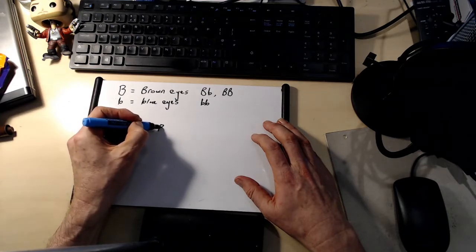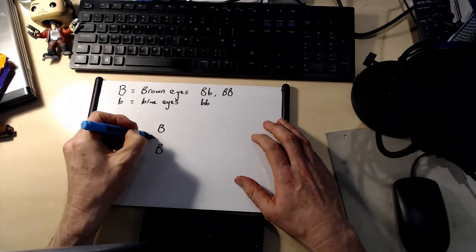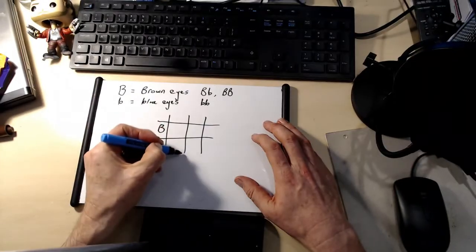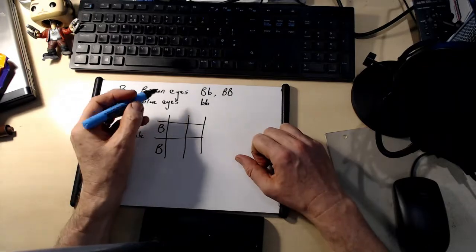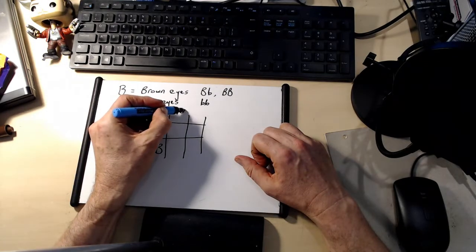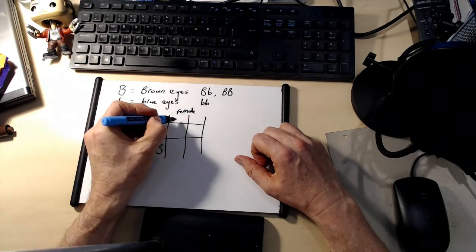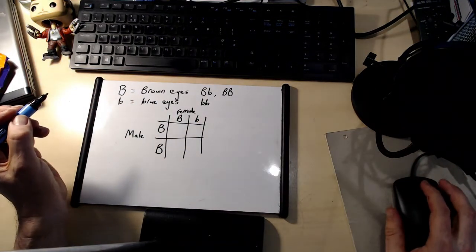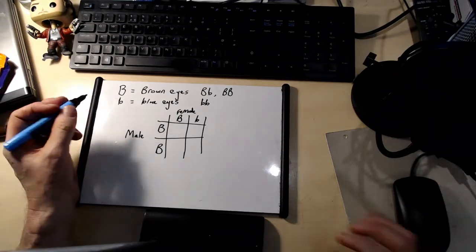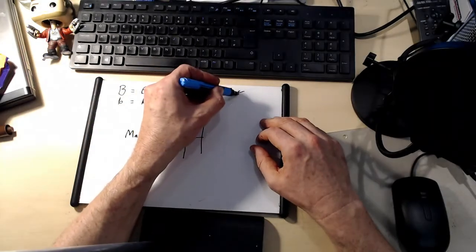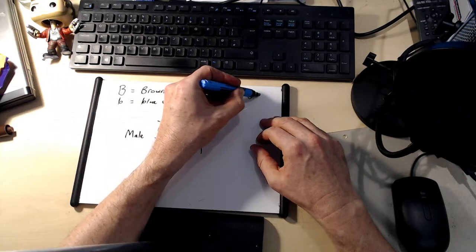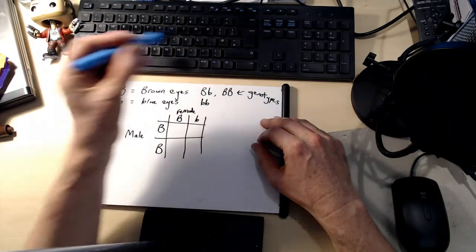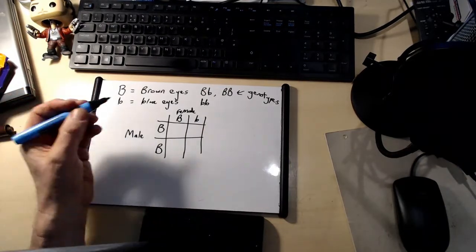Okay, so big B, and then I'm going to draw a Punnett square like that, very badly, and the female up here is going to be big B, little b. So what we need to work out is what the genotypes are. So these are the genotypes, and then we need to work out what proportion of offspring will have blue eyes or brown eyes.